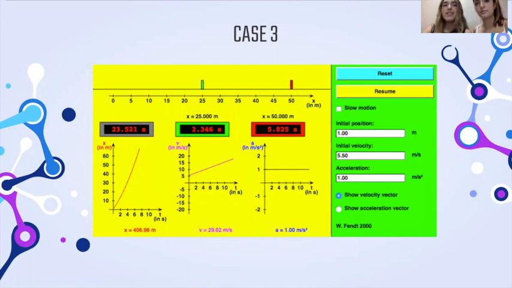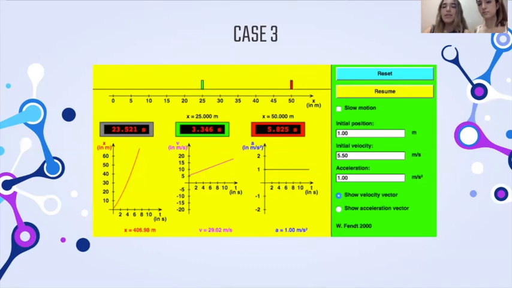So in this last case, we can see the same car making a change in its position over a certain period of time, but here starting at a position of 1 meter. The car was able to travel 407 meters in 24 seconds, since it has an acceleration of 1 meter per second squared, which is represented with the same acceleration time graph as the second case.